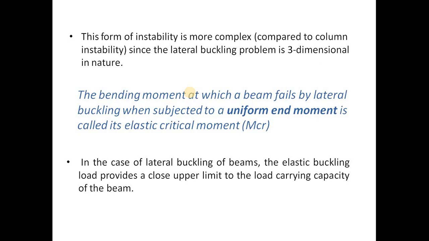The bending moment at which a beam fails by lateral buckling when subjected to uniform end moment is called its elastic critical moment, and that is denoted by the term M suffix CR, that is, elastic critical moment. In case of lateral buckling of beams, the elastic buckling load provides a close upper limit to the load carrying capacity of the beam. Okay.